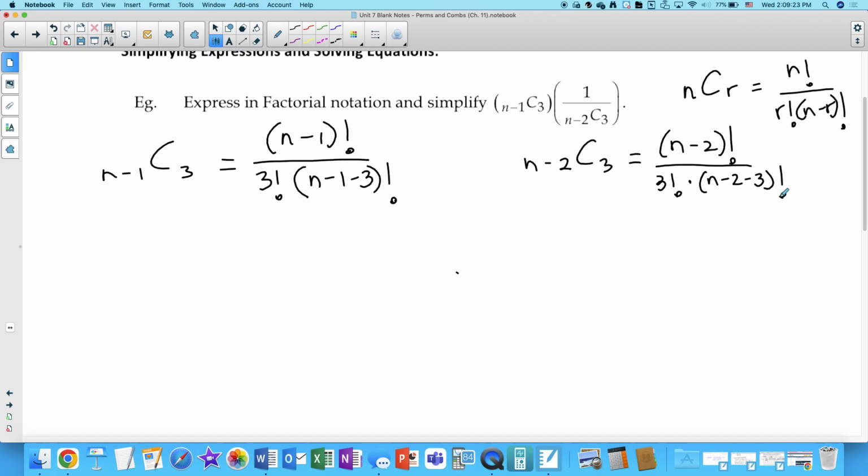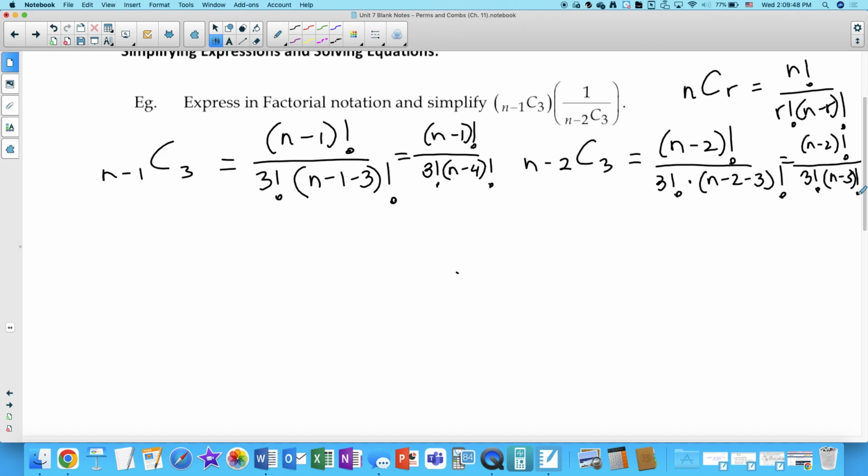And I'm actually going to simplify this a little bit more. This is n minus 1 factorial, the first one anyway, over 3 factorial, and then times n minus 4 factorial. And the second one that we're looking at is n minus 2 factorial over 3 factorial times n minus 5 factorial.